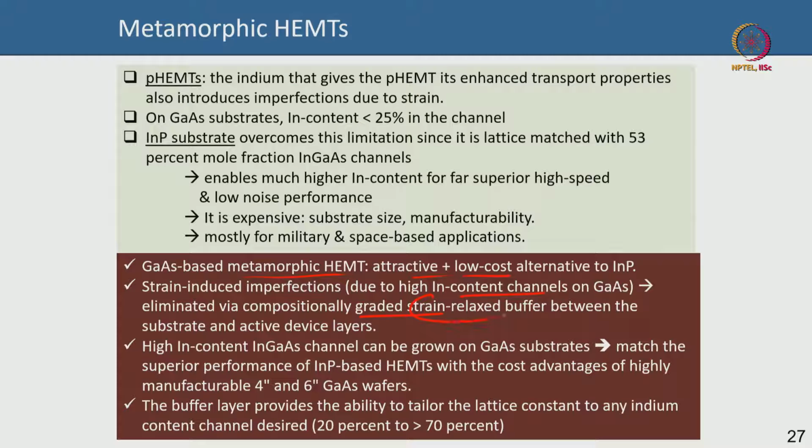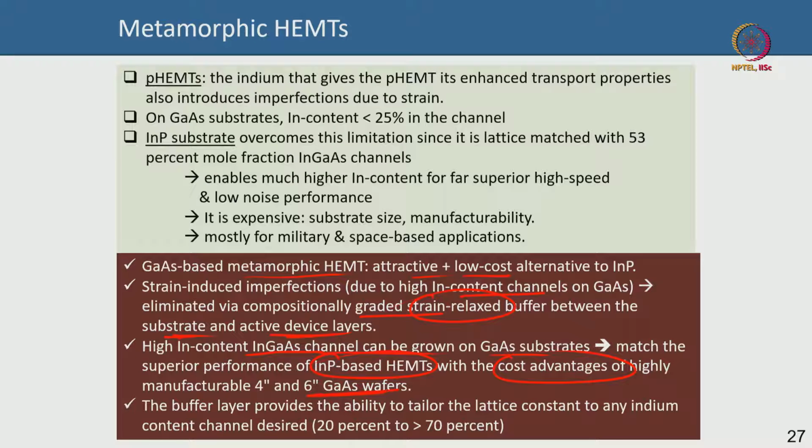It is a strain relaxed buffer between the gallium arsenide substrate and the actual high indium content InGaAs layer. You are gradually relaxing and accommodating the strain. Okay. So, the high indium content InGaAs channel that you have grown will match the superior performance of indium phosphide based HEMT with the cost advantage of 6-inch gallium arsenide wafer.